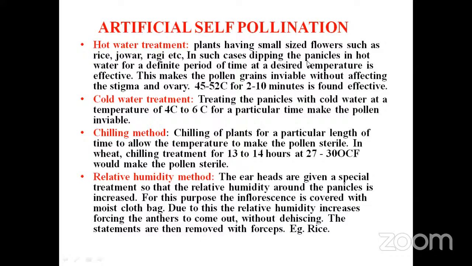Next, self-incompatibility. In crops like tobacco, cabbage, and cauliflower, pollination with the desired pollen is possible without doing emasculation, due to the presence of self-incompatibility. Let me take a simple example.